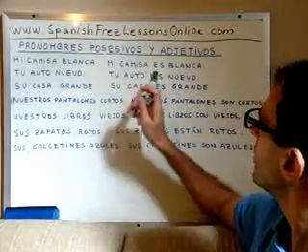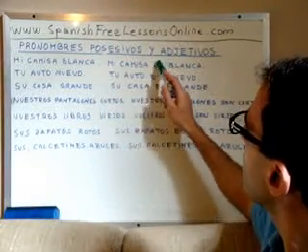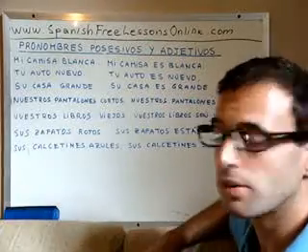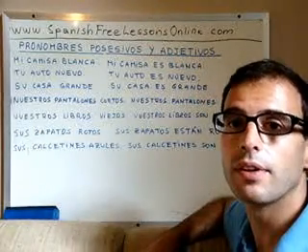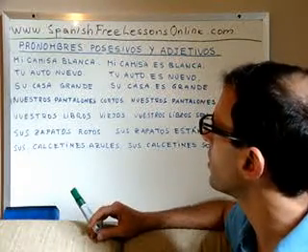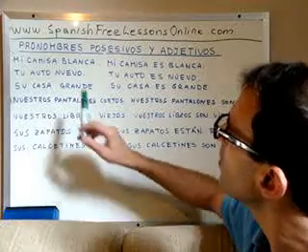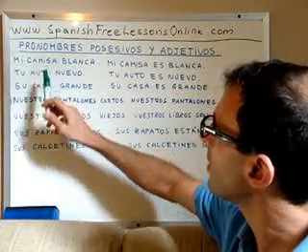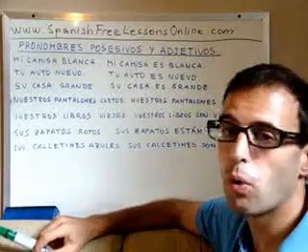Here, in the second sentence, we are adding a verb between the noun and the adjective. So first, let's start with the vocabulary so you can understand these words. Camisa is a shirt. Blanca means white.